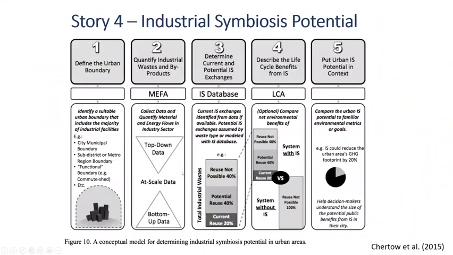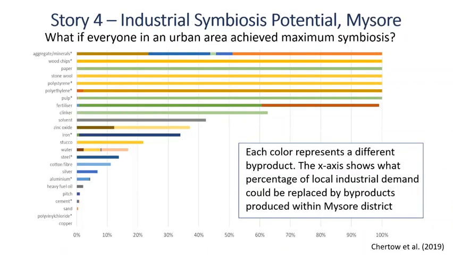Anyhow, this is the last of our stories. I'm going to truncate it a little bit, but what I want to show is the answer to the question, and this is what we worked out conceptually in 2015, but in 2019, we actually tried to make our own algorithm to explain the answer to the question at the top. What if everyone in an urban area achieved maximum symbiosis?